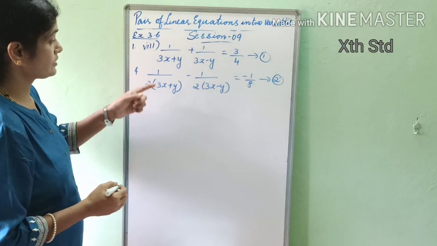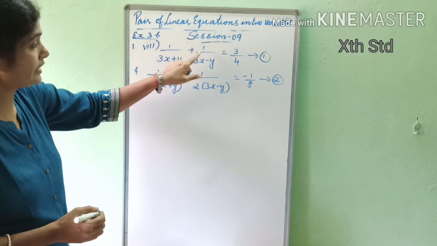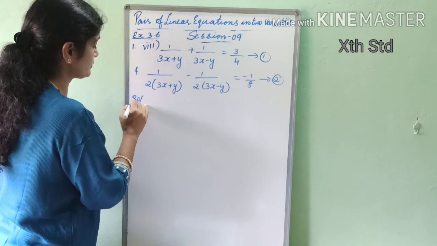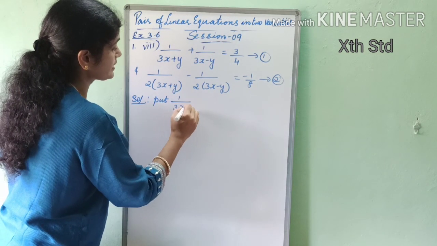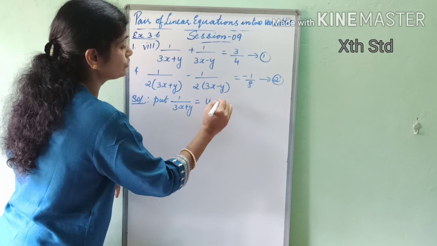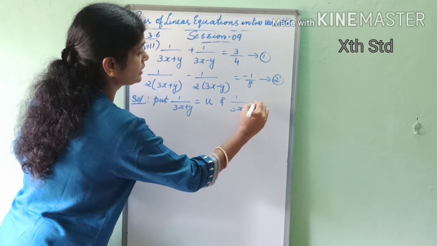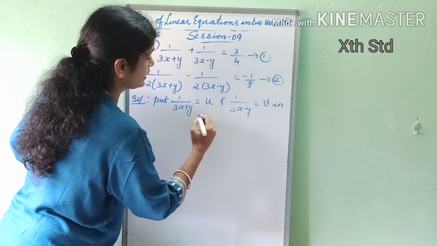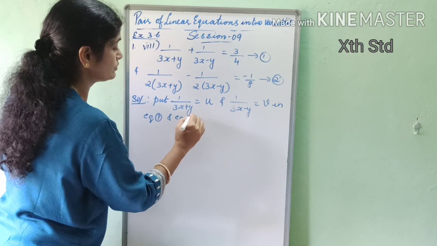Okay. As you can already see, you can put 1 by (3x plus y) as u and 1 by (3x minus y) as v. So solution: put 1 by (3x plus y) equal to u and 1 by (3x minus y) equal to v in equation 1 and equation 2.